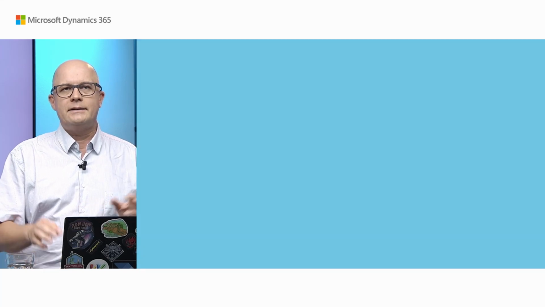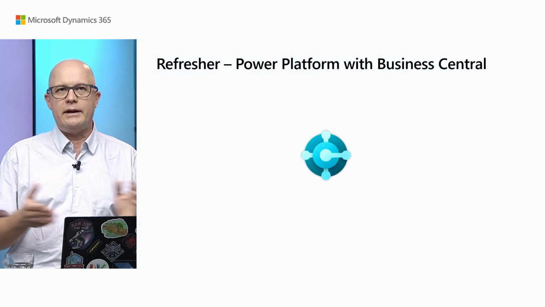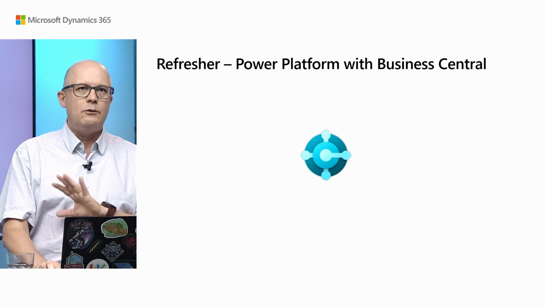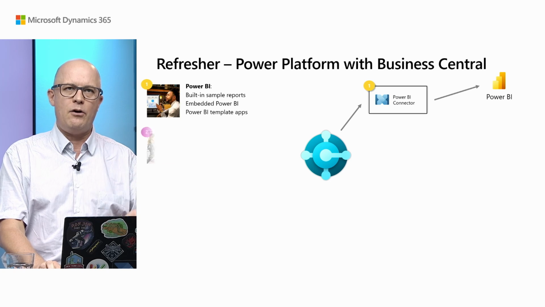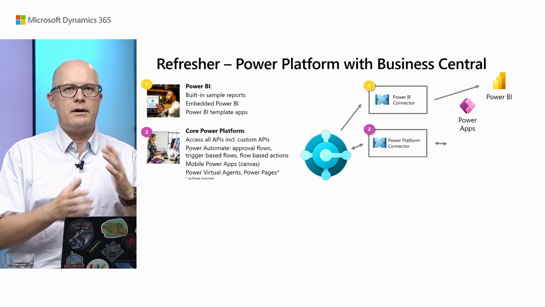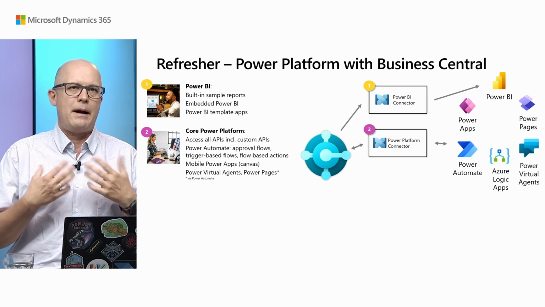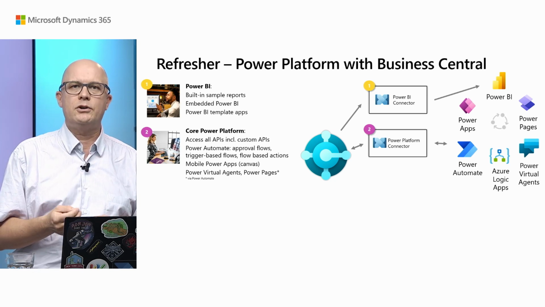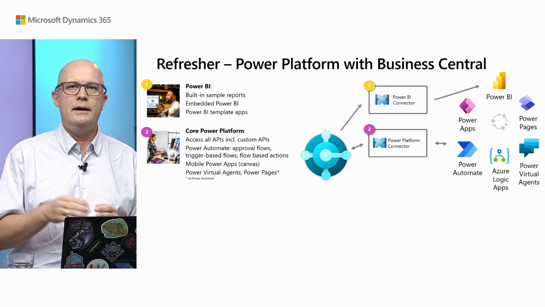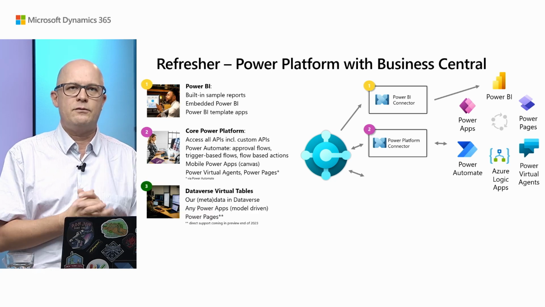To summarize, in Business Central integration with Power Platform, we offer multiple technologies, starting with Power BI and the Power BI connector, through our standard core Power Platform connector, allowing you to work with Power Apps, Power Automate, Azure Logic Apps as well, and of course, the rest of Power Platform.